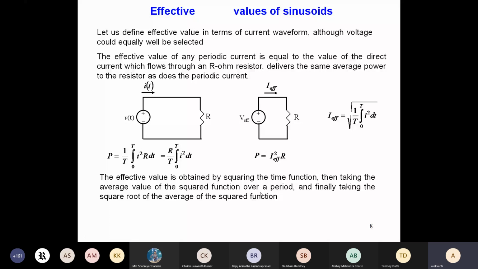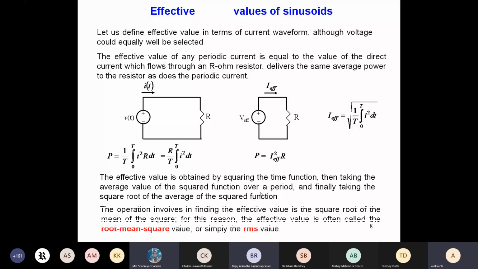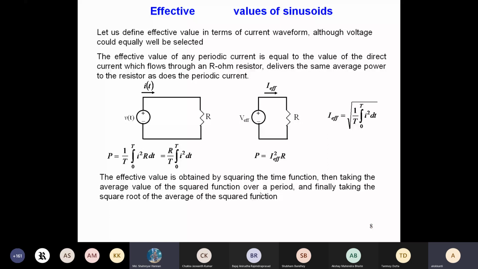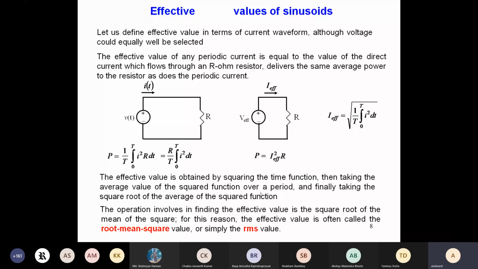Sir, this I effective is also called the IRMS value. The operation for finding the effective value is basically the square root of the mean square. You have to do the square root of the mean of the square. Mean means 1 by t and square.